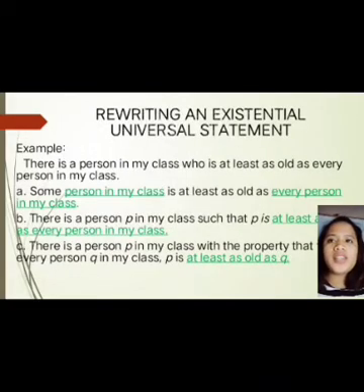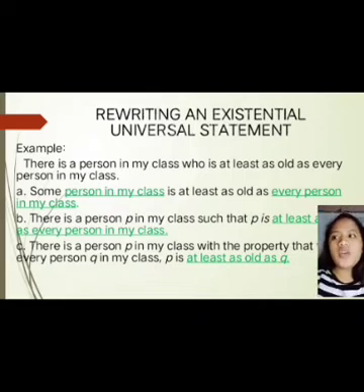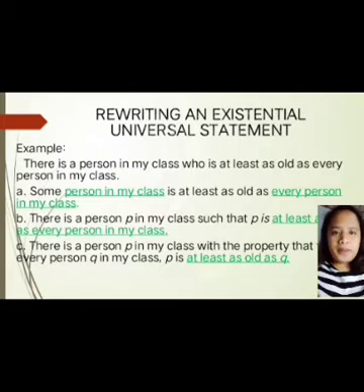Rewriting an existential universal statement. Example: there is a person in my class who is at least as old as every person in my class. A: Some person in my class is at least as old as every person in my class. B: There is a person P in my class such that P is at least as old as every person in my class.